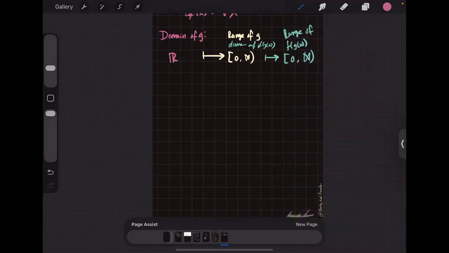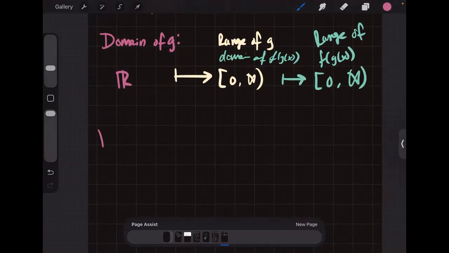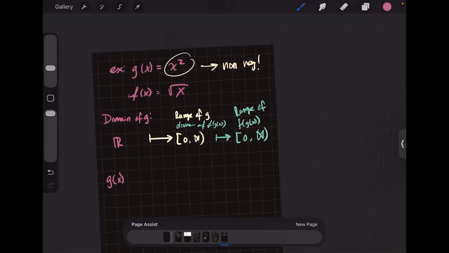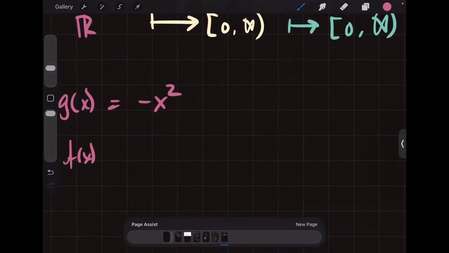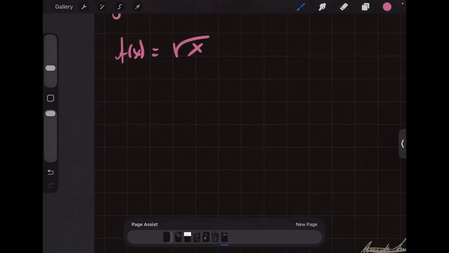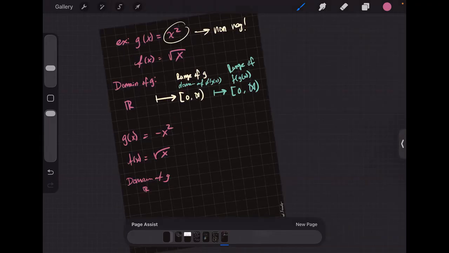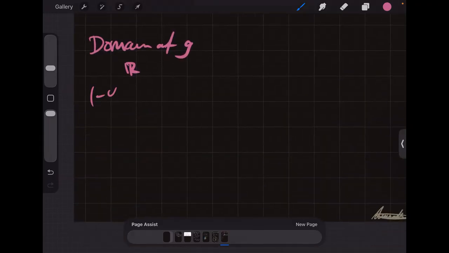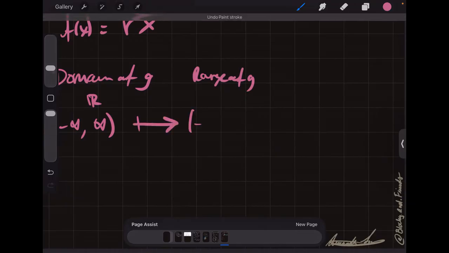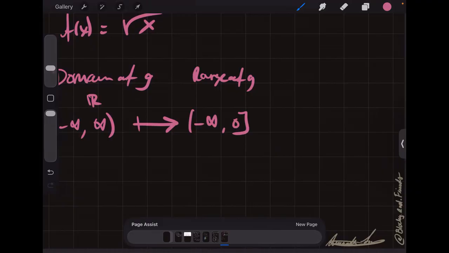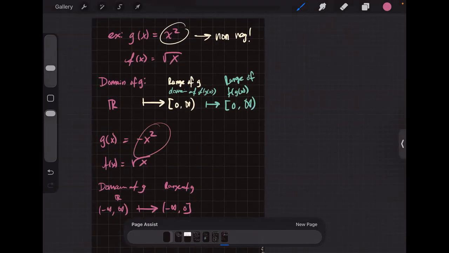It's not cute when you have, let's see, g of x is equal to negative x squared, and f of x is equal to root x. Uh-oh. The domain of g is all real numbers, right? Negative infinity to positive infinity. And your range of g is going to shoot you into negative infinity to 0 inclusive, right? It's just a parabola.